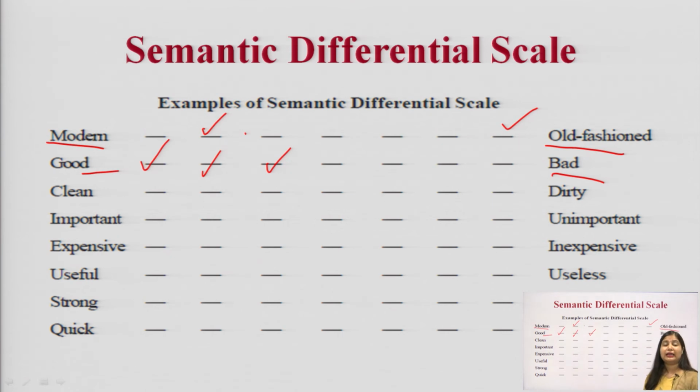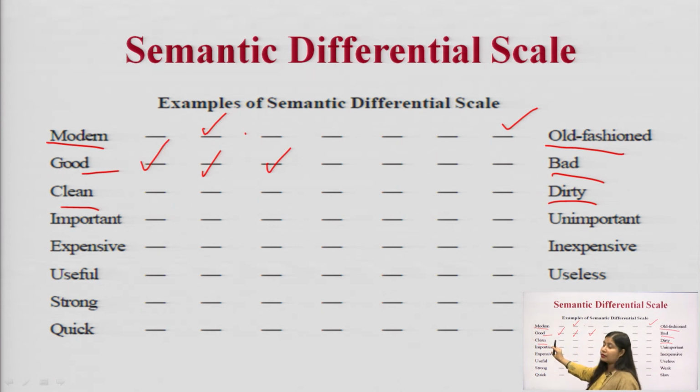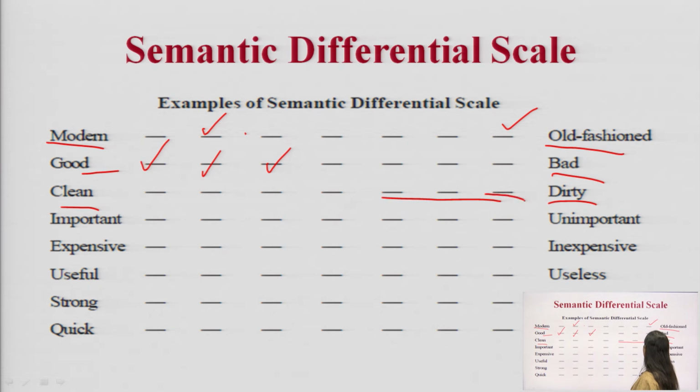If you talk about the cleanliness of a hotel, and you are asked to rate it on the basis of clean and dirty: if the restaurant is very clean, your response will incline toward this side, and if it is not very clean, your response will incline to this point.